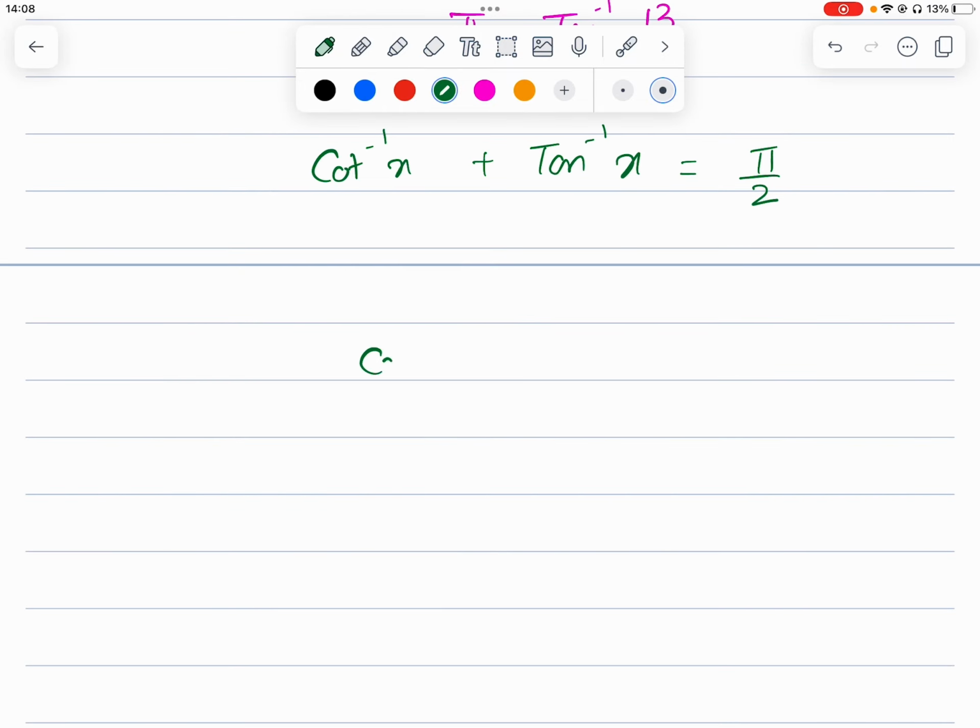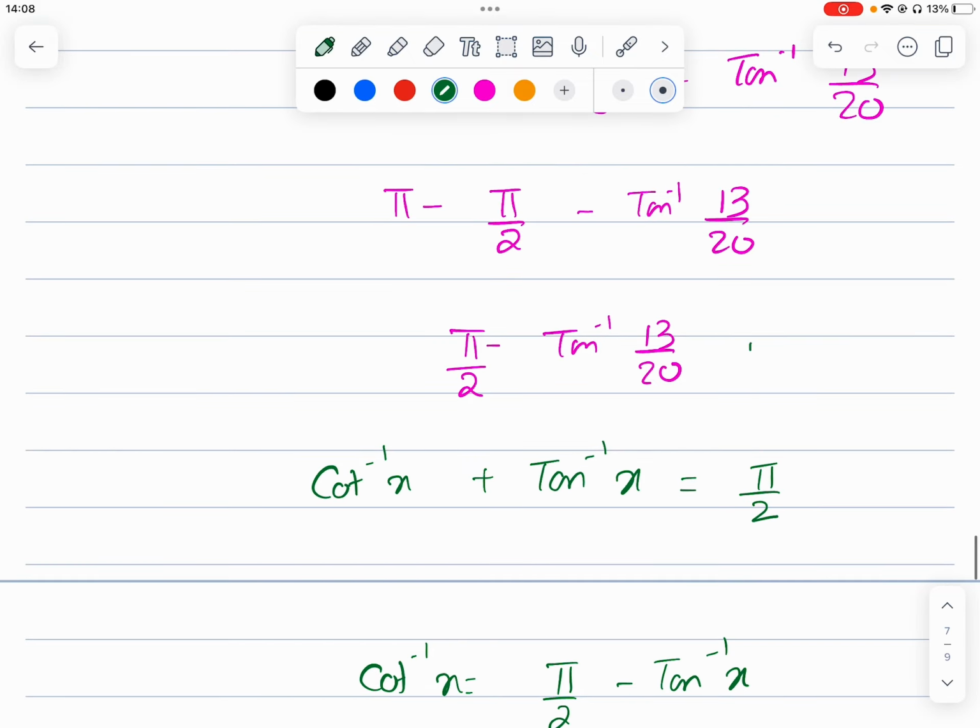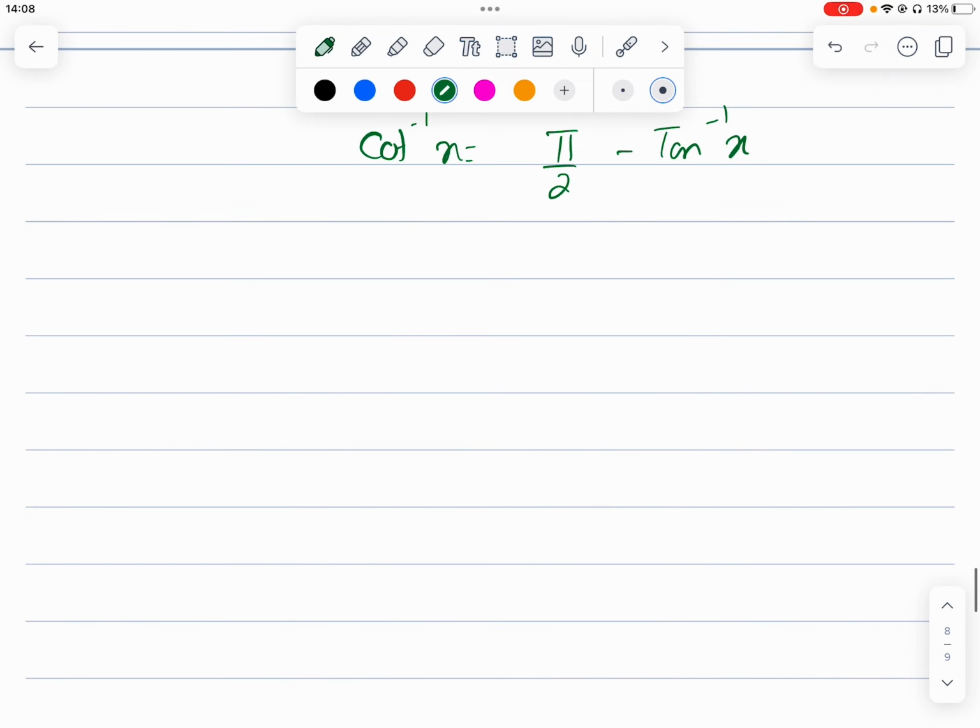So cot inverse x equals pi by 2 minus tan inverse x. So pi by 2 minus tan inverse 13 upon 20 becomes cot inverse 13 upon 20.